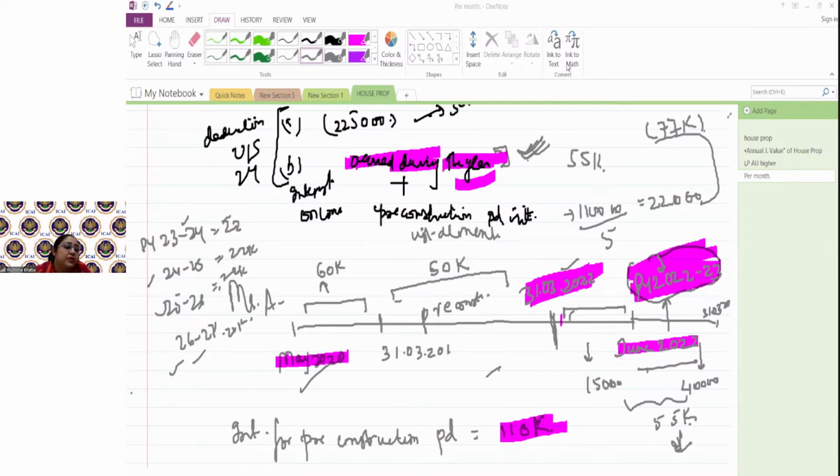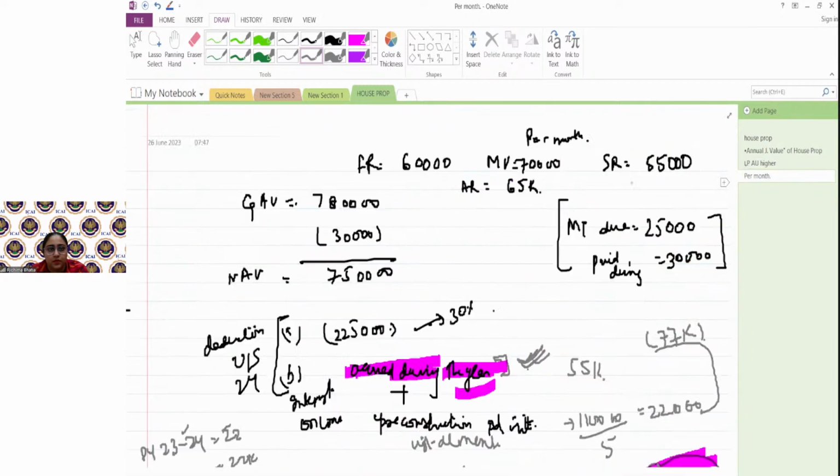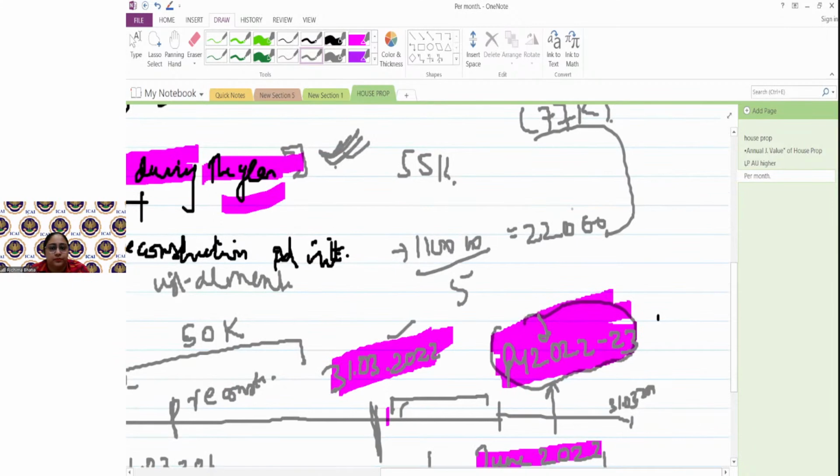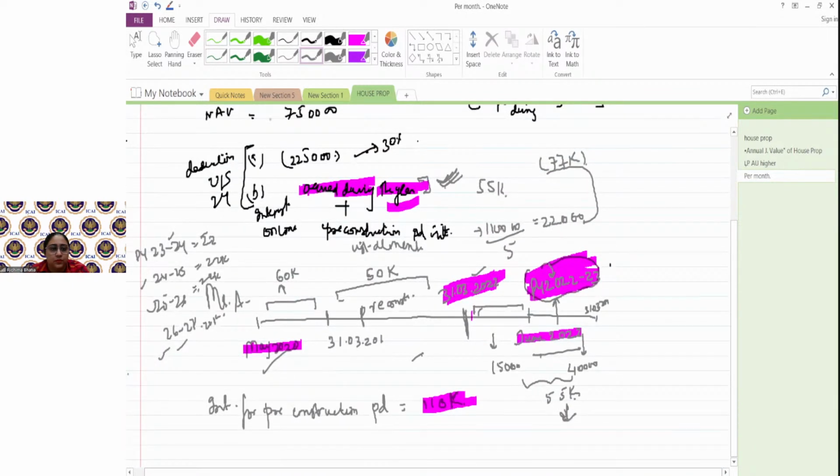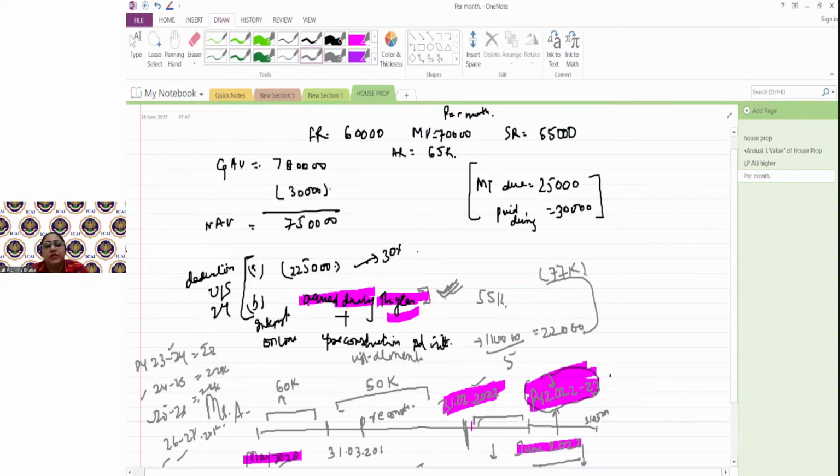Interest would be claimed for that whole year because the simple criterion is interest accrued during the year. $30,000 ग्रॉस एनुअल वैल्यू में से इसलिए रिड्यूस किया क्योंकि वो म्युनिसिपल टैक्सेस थे which were paid during the year.